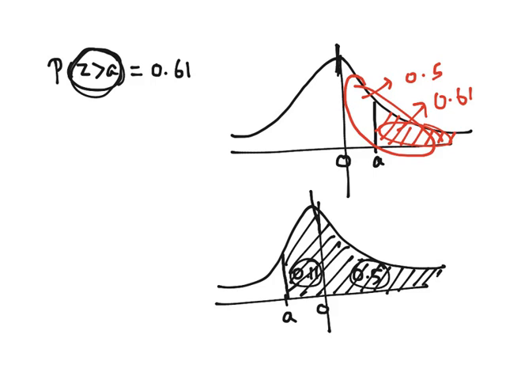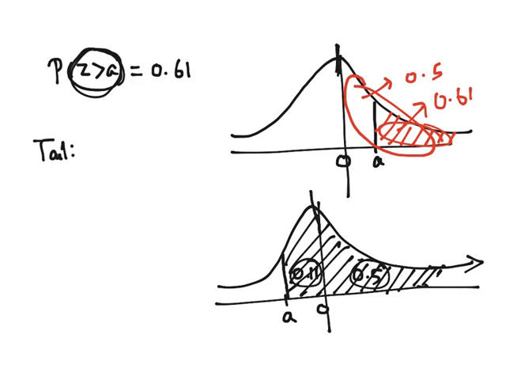Now how do I find the value of A using calculator? Very simple again. Go to distribution, go to normal, now go to inverse normal, which is above F3. Now you will see data, which is variable, tail. Now it will ask for tail. Now you can see this is the tail for me.